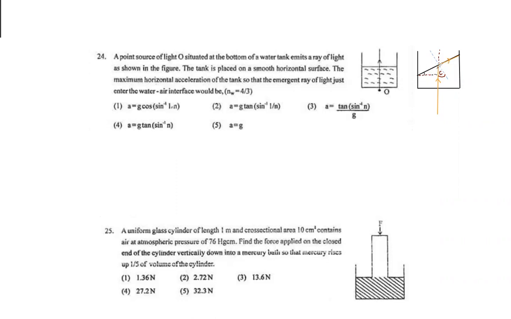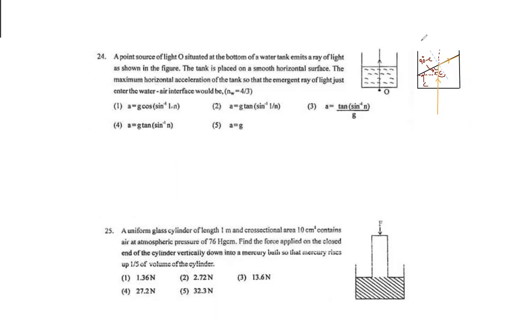If I complete this, now this is C, so this small angle I am marking is 90 minus C, from the normal. Because of 90 minus C, this angle I marked here is also C. Right.